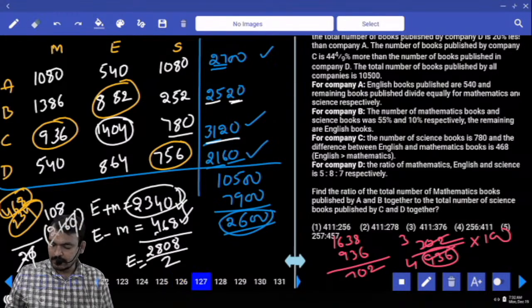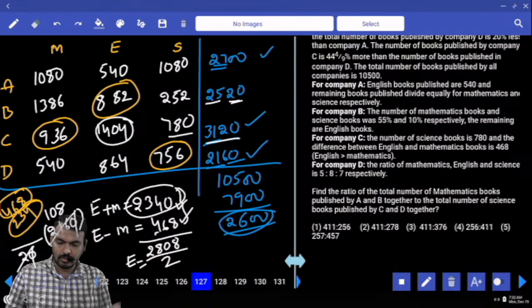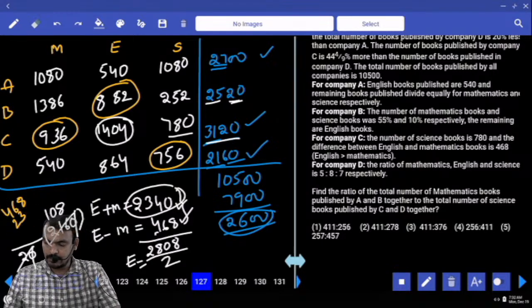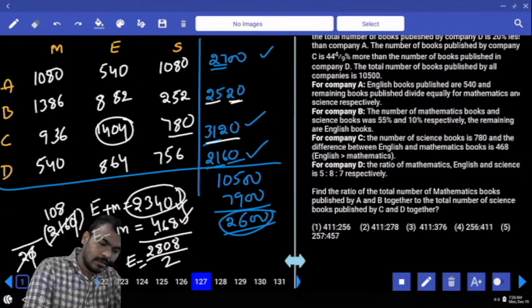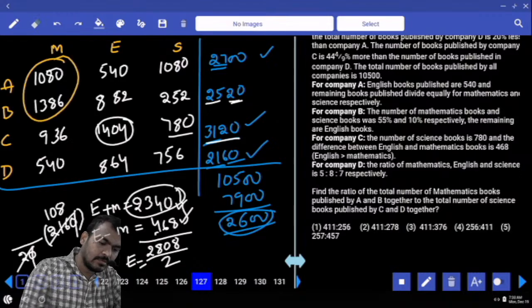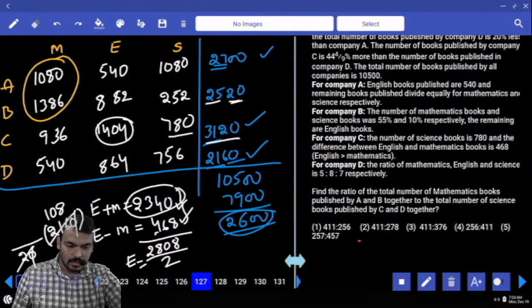Next, 127. Find the ratio of the total number of mathematics books published by A and B together to the total number of science books published by C and D together. Maths of A and B, 1080 plus 1386, is 2466.